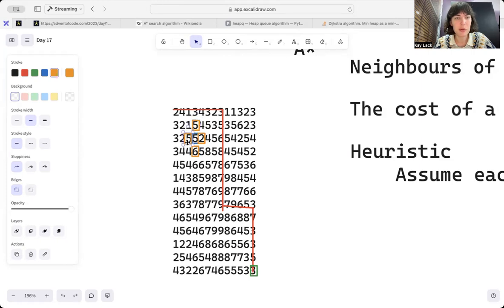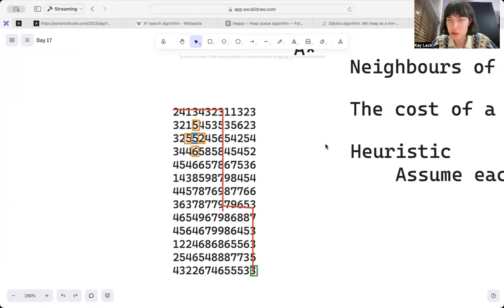And it can go to any of these neighbors, but it is not true. It can only go to neighbors depending on where it has been before. Just realizing something. Where it has been before.